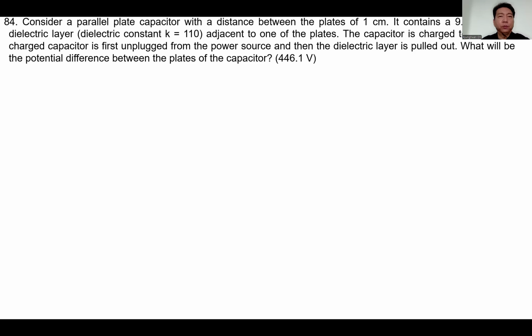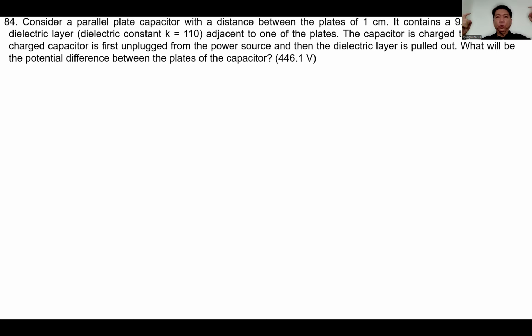Consider a parallel plate capacitor, and a dielectric layer is given. The capacitor is charged to a certain voltage. The charged capacitor is first unplugged from the power source, and then the dielectric layer is pulled out. It's a little bit complicated. First of all, the parallel plate capacitor is charged, and then the voltage is disconnected.